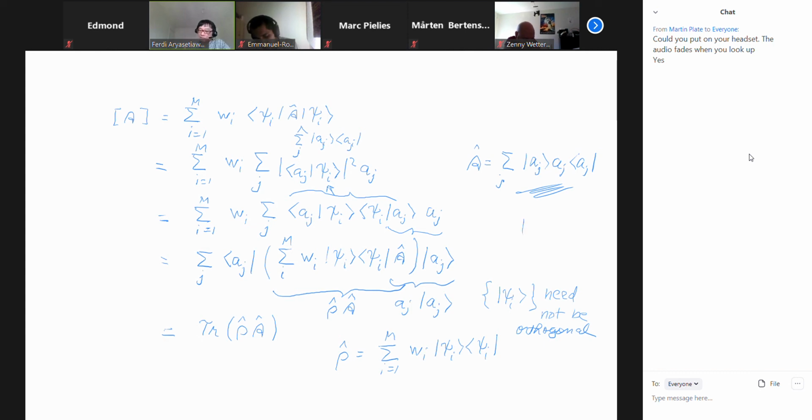I could have a spin arm along the z-axis, and I could have a state along some arbitrary axis, say spin up or spin down. So these states are not orthonormal. These states are arbitrary as long as they span the same Hilbert space.